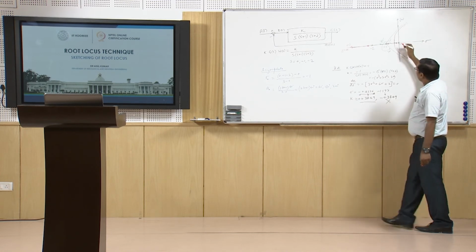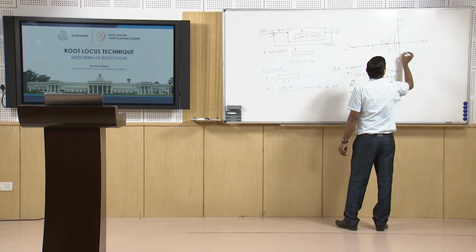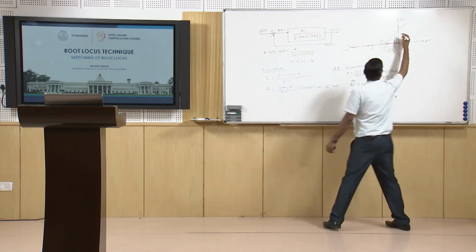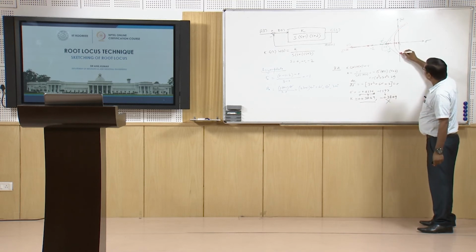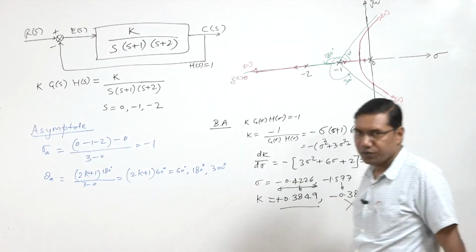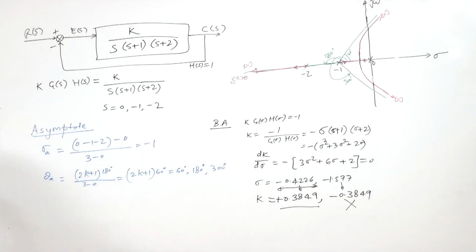So, this is the root locus, and this and then this. Now, when it is following this asymptote, it is going to cut the j omega axis. So, we have to find the j omega axis crossing.